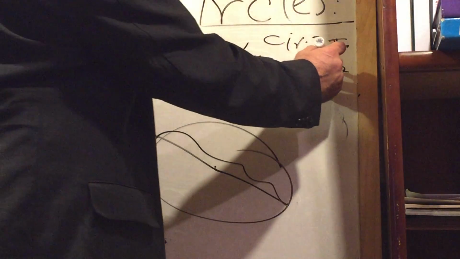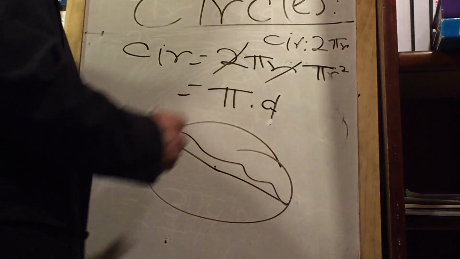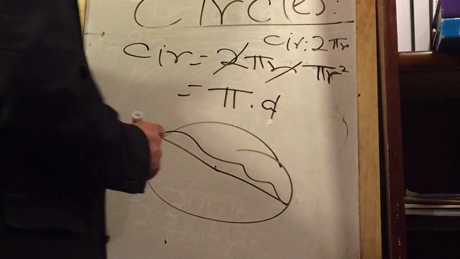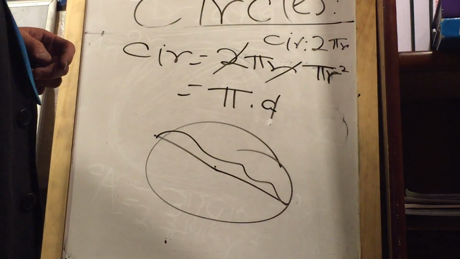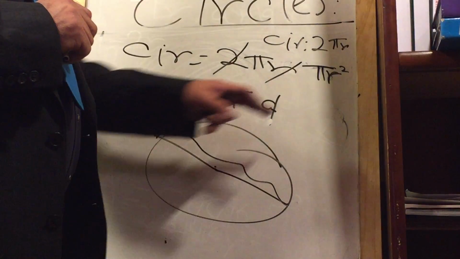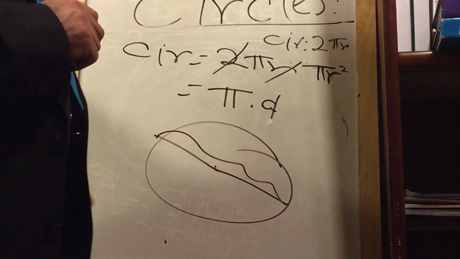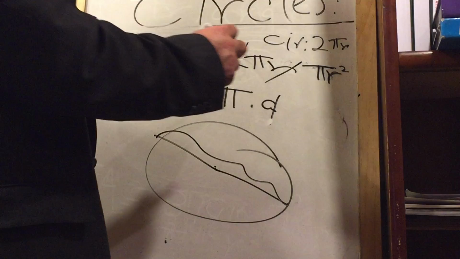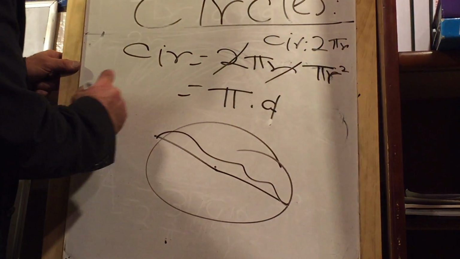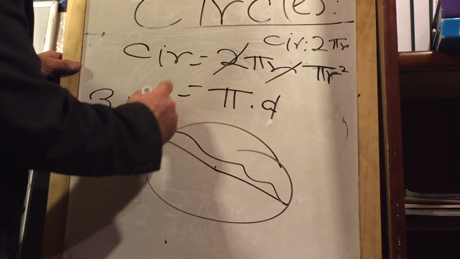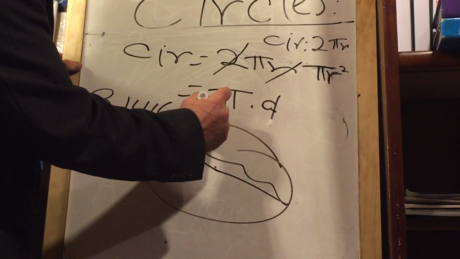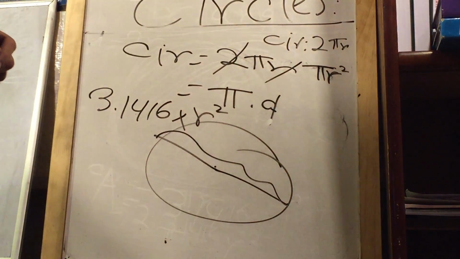Now, if you have r squared, to figure out the area, like I said, you multiply 3.1416 times r squared.